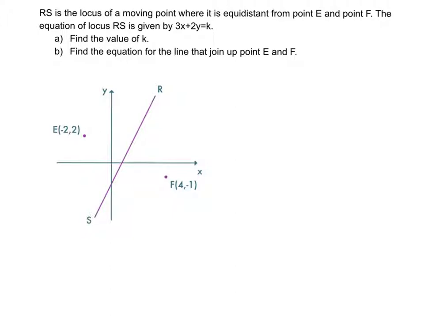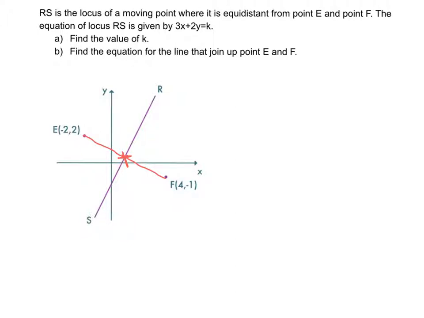Now there is actually one point that we can find out. RS is equidistant from point E and point F. So if we draw a line here, this point is actually the midpoint of E and F, and we can find out the midpoint of E and F, and this point will be the point that RS passes through.